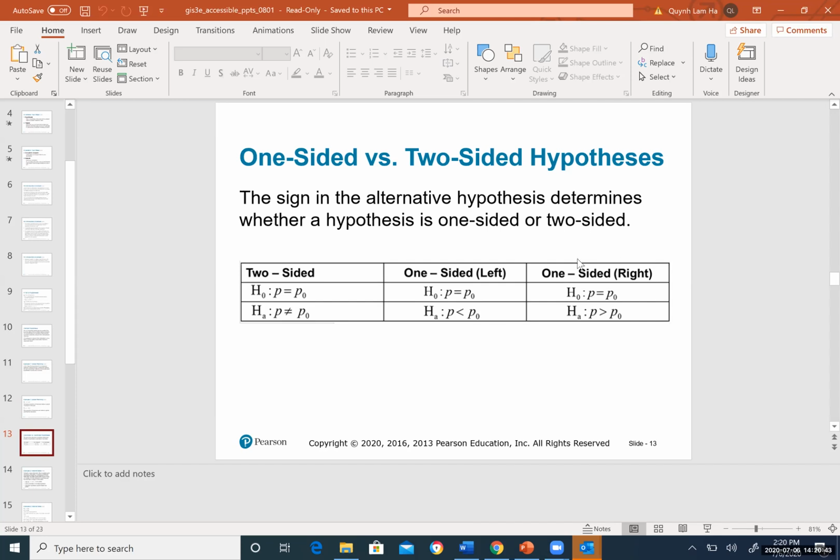In case 3, if the previous example were talking about an increase, you would write HA colon p greater than p naught, or replace p naught with 0.61. They're talking about the right side, the right tail. This is the left side, the left area tail. And this will be the not equal to. I can annotate for you right here to look at the case when you graph in the next step.